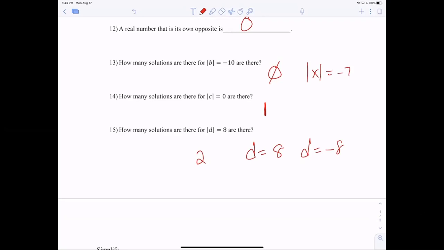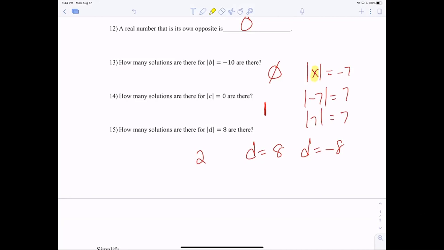And you said 7. So the absolute value of -7 is what? 7. Is there a number that we can put in for x that becomes negative when it's an absolute value? No. That is correct.